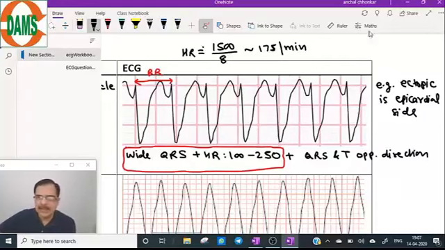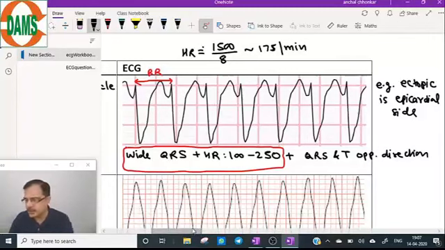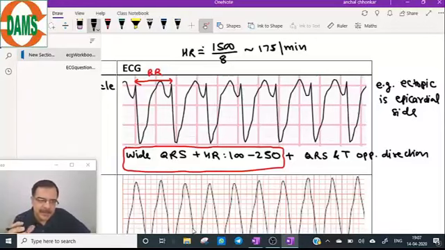Now come to the second abnormality of the ventricle origin, the P wave. Very good question: where is the P wave? Remember, the P wave will be hidden by either the QRS or the T wave.